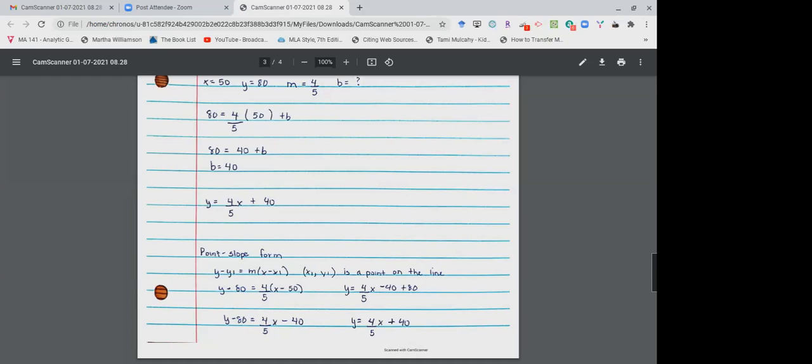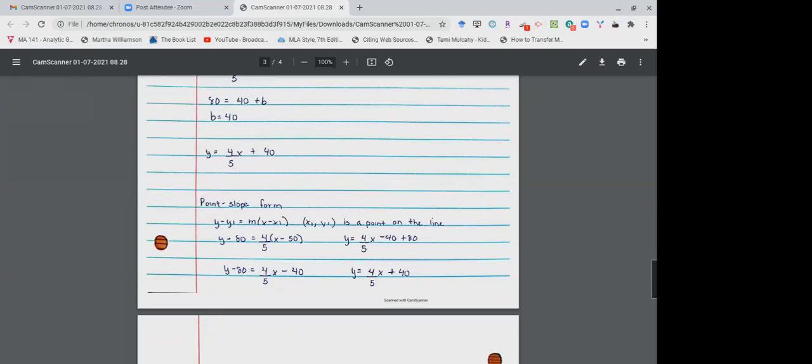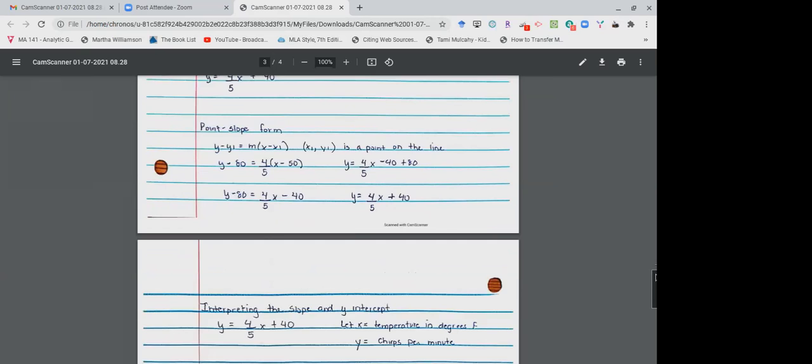Again, if I use 50 and 80, then I have what you see down below. Plug the values in, distribute on the right, and then add 80 to each side of the equation, and you end up with 4/5 x plus 40, just as you do for the other equation. So you can see that either way of doing it will yield the same thing.